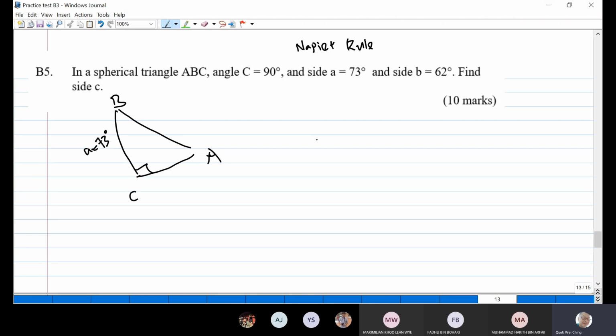Side B is 62 degrees, and find side C. Let's see this one. 10-mark question. How to draw Napier's circle? Still remember? You must remember how to draw it. Of course, we give you a formula. Napier's circle divides the top into 2 parts, bottom into 3 parts.